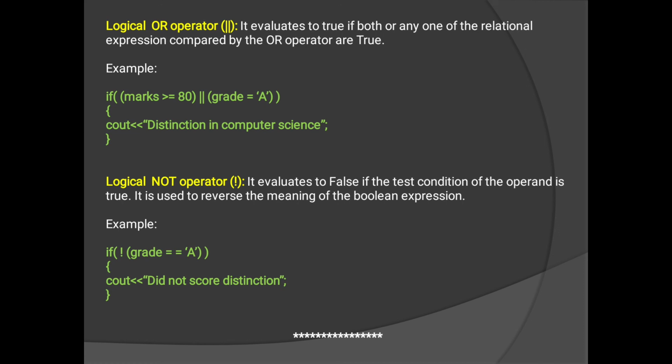But if grade equals A, in that case, it will not display the cout statement. So using the NOT operator, what is true turns out to be false.